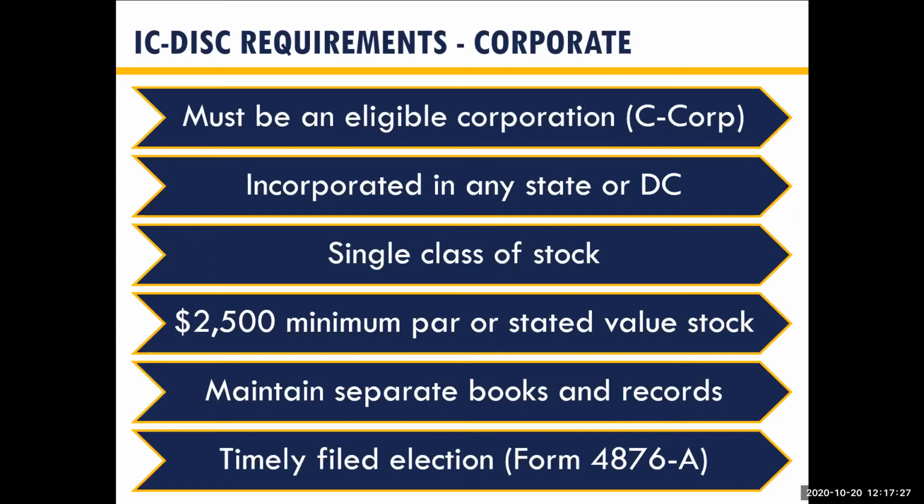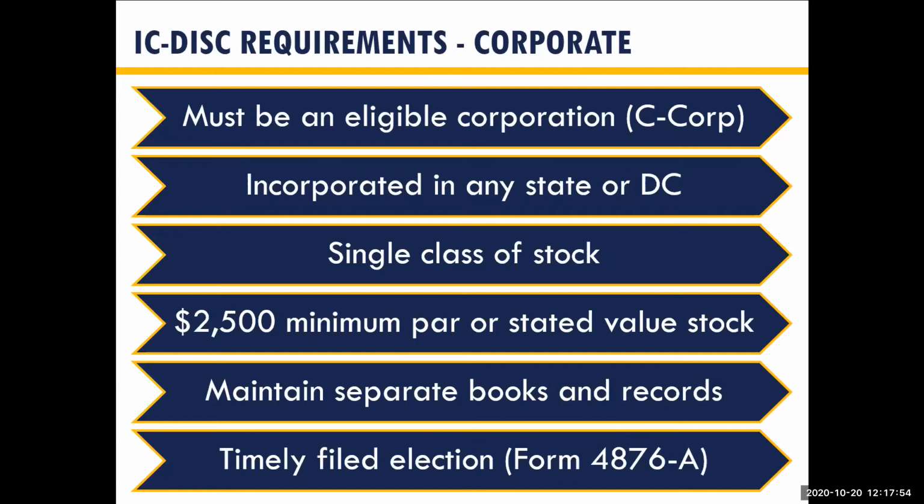Late elections are possible, but the only way to do that is to file a private letter ruling request with the IRS, and that can be a very costly endeavor. So it's important to meet that 90-day election deadline. And if any of these items are inadvertently missed, then you would disqualify your ability to be an IC-DISC.